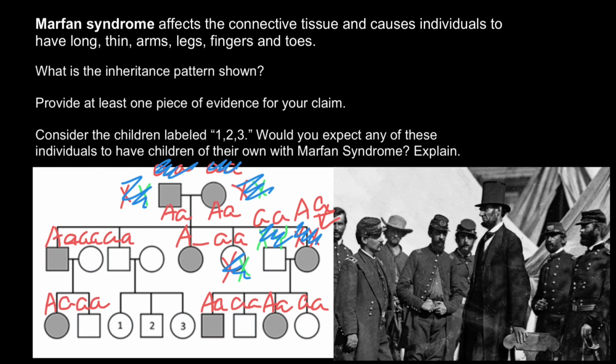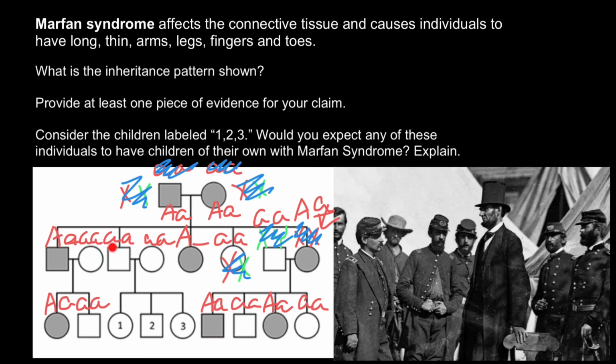Now again, let's return to this question. Consider the children labeled 1 to 3. Would you expect any of these individuals to have children of their own with Marfan syndrome? Explain. So now let's think about the genotype of this male here. He has to be homozygous recessive in order to be phenotypically normal, and his wife also has to be homozygous recessive in order to be phenotypically normal, since we have already found that this genetic disorder is autosomal dominant.